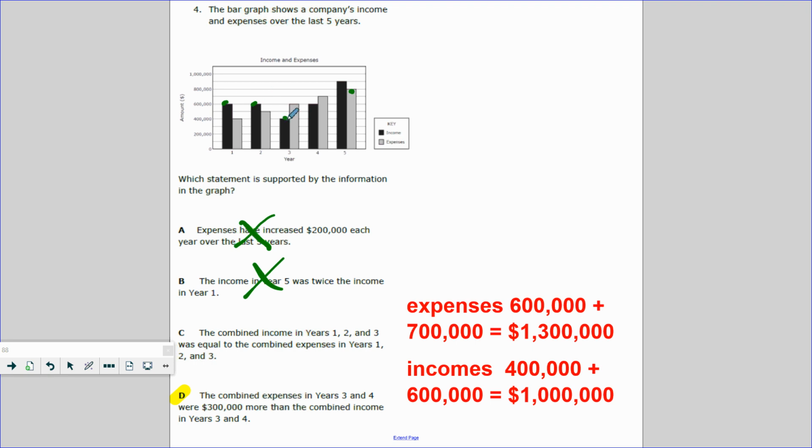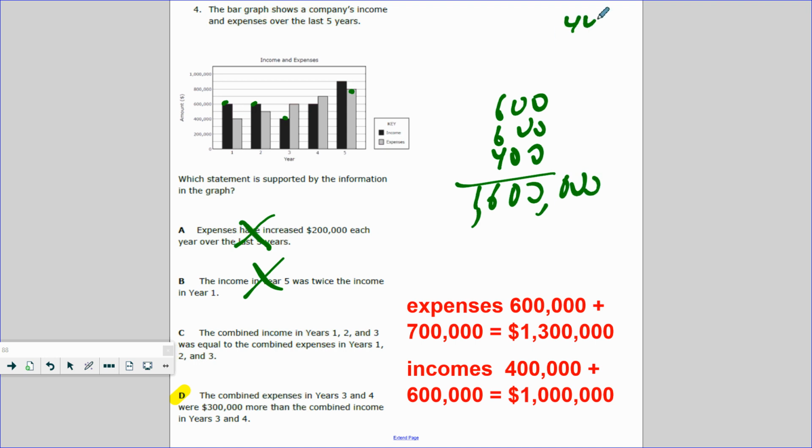If I add up those, 600,000 plus 600,000 plus 400,000, that will add up to 1,600,000. But if you add up the expenses, this is 400, this is 500, and this one is 600. If you add that up, that's 1.5 million. That is not equal. So it must be D.